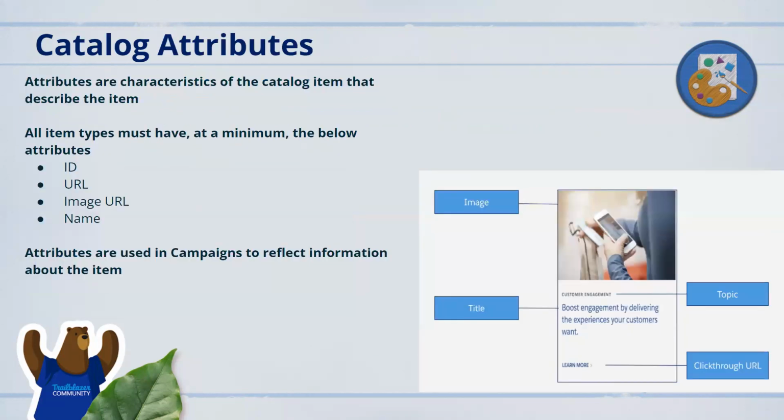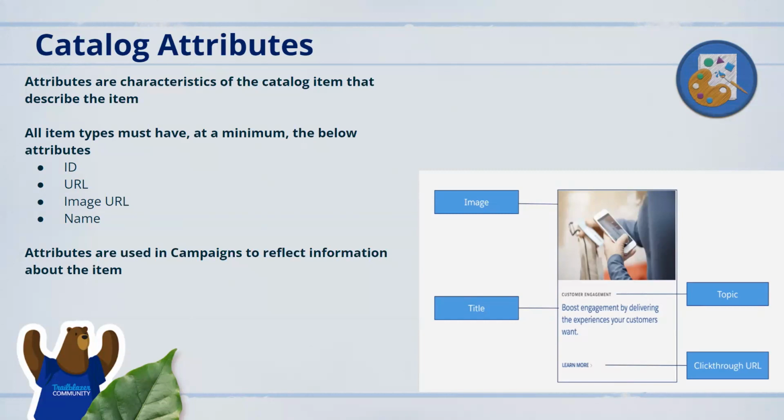So we've gone over the catalog items. Let's dive a bit deeper into the catalog attributes. Attributes are associated with specific item types and can be customized to fit the business requirements. They're used in campaigns to reflect data about specific items featured in the campaign.